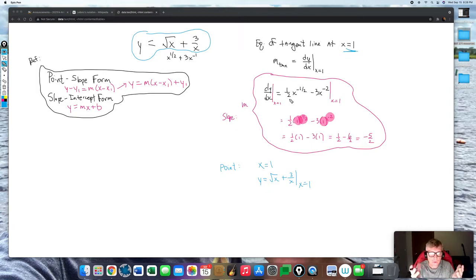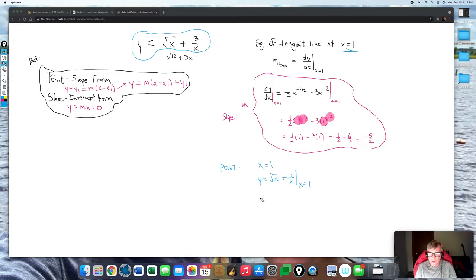Remember I said earlier in the video, the function is one thing, the derivative is a completely different thing. The function tells you the y values on the graph. The derivative tells you the slopes of the tangent lines at all those values. Okay? So I'm having to do two things at once, right?